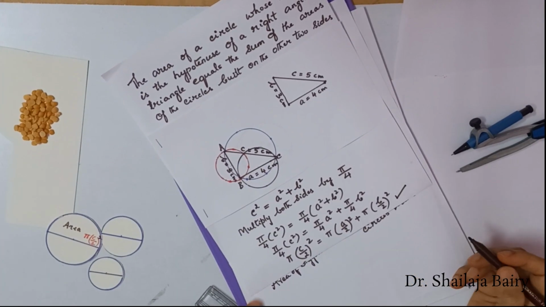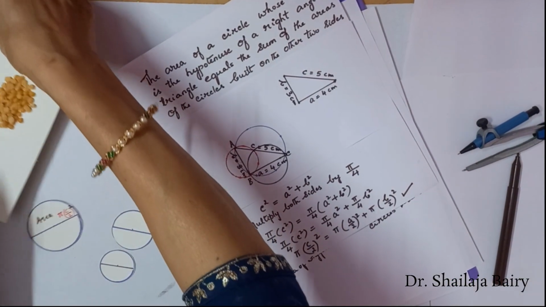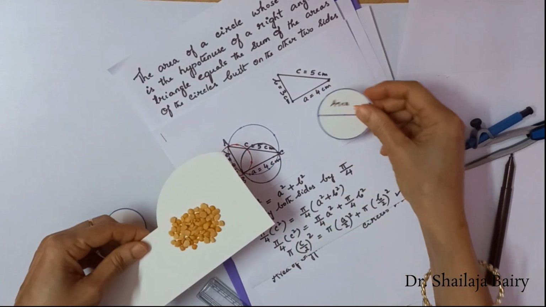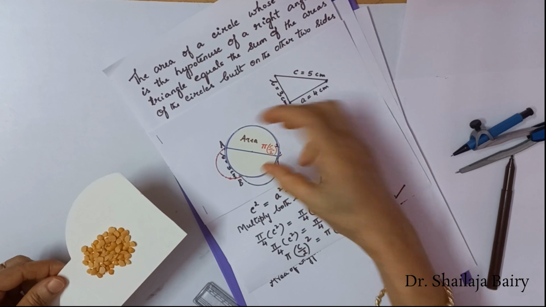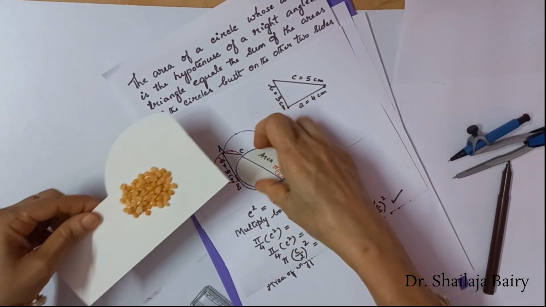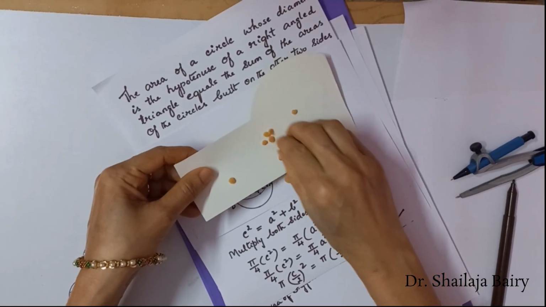Isn't it really beautiful? We can verify the same using this. This is the area of the biggest circle.